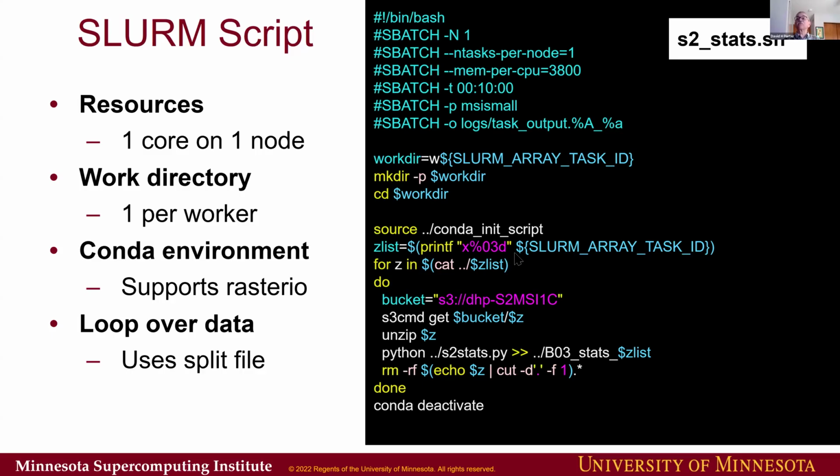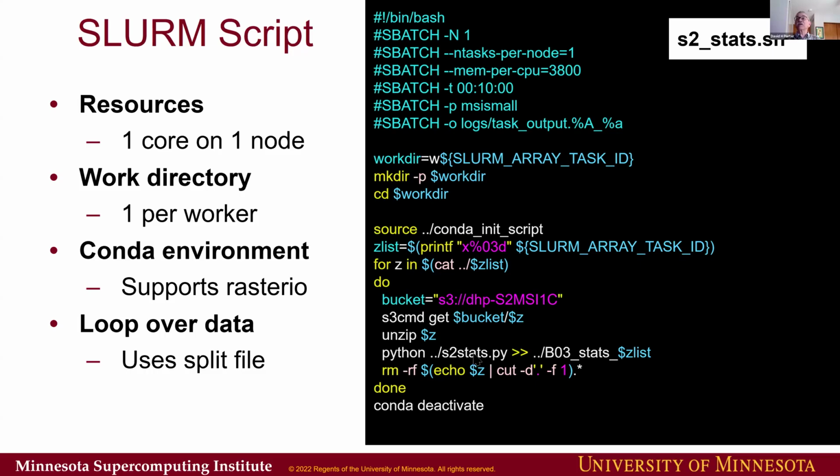This will correspond to one of those files that was split, which will have either a list of 4 or 5 zip files to process. So then I have a for loop that loops over each one of those zip files. It will pull it from tier 2 storage, unzip it, and then run this Python script that will analyze the data in that zip file. And then once it's done, it will clean up, removing everything, and continue on to the next.